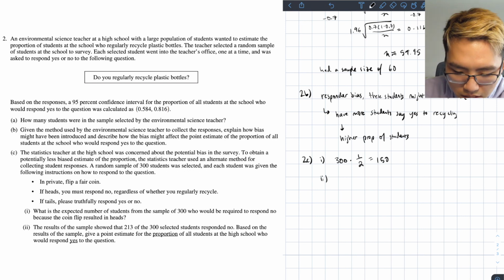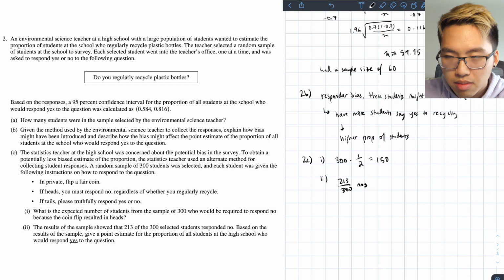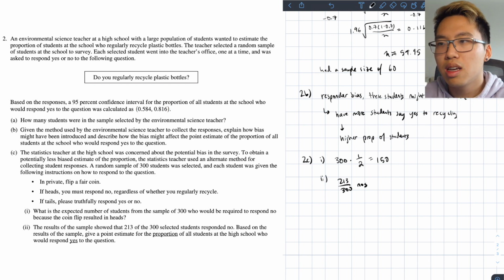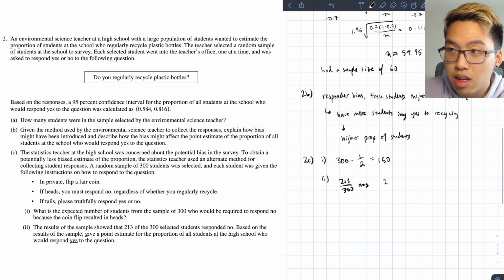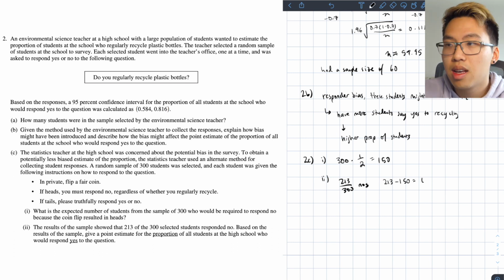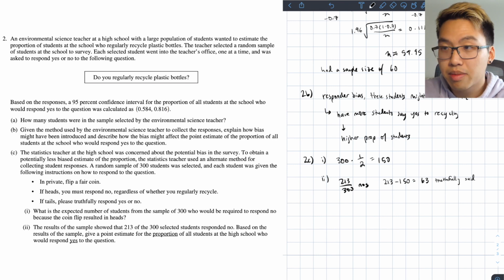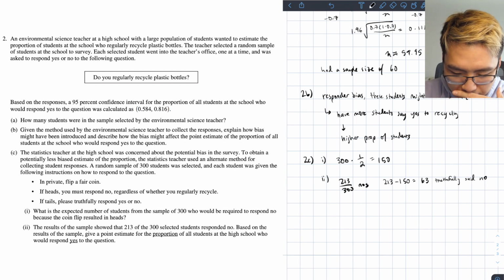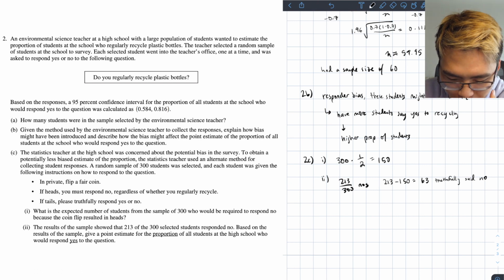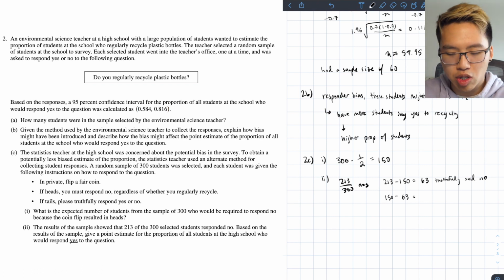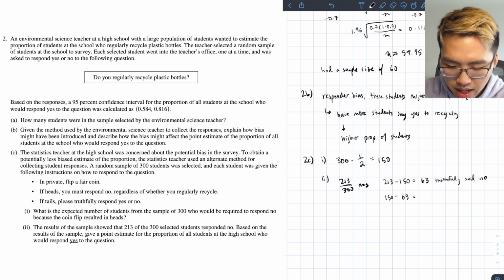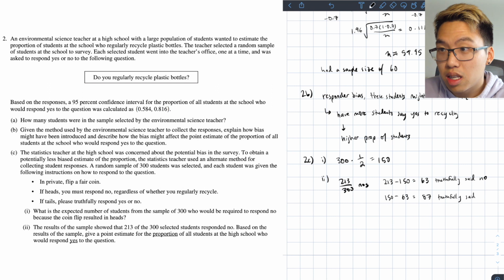we have 213 out of 300 no's, which means if we take this 213 number and subtract it from this expected 150, we get 63 students, based on our expectation, who truthfully said no. So if 63 truthfully said no, it means that the other 87 truthfully said yes.